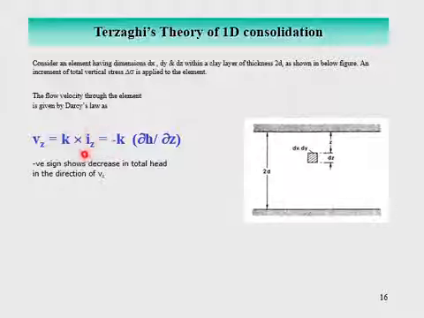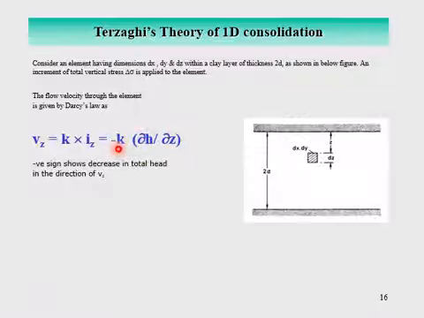iz, which is hydraulic gradient, is equal to ∂h over ∂z. You know that this is the hydraulic gradient. This is the head, the energy head, variation across the element ∂z, right? So ∂h over ∂z is the hydraulic gradient in the z direction across this soil element. And there is a negative sign.